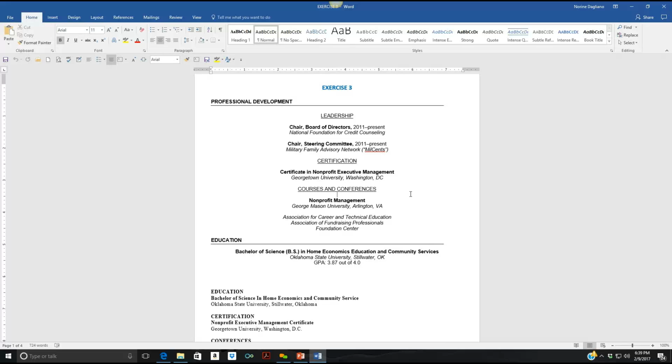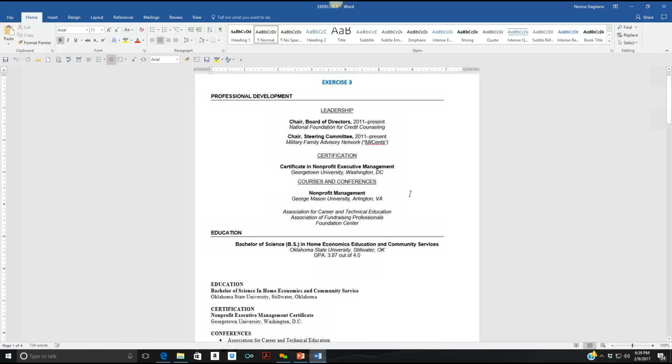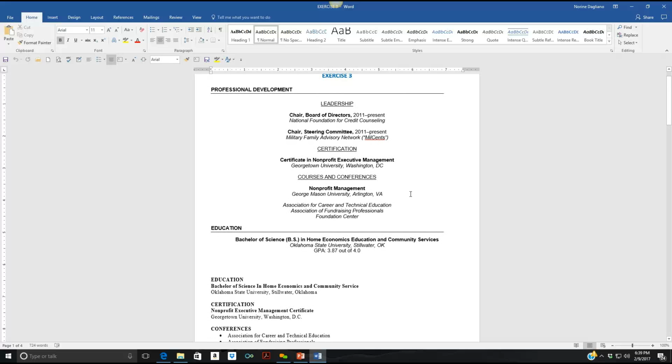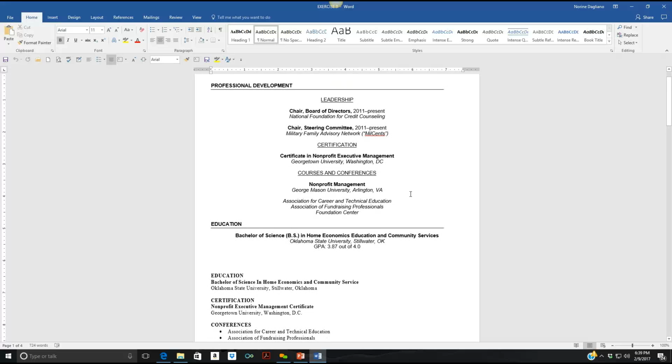In that profile, we build in a lot of errors. And we expect that the writer will take the time to try to figure out, well, what does that mean, instead of just including it because it was in the profile. So this was one of those situations where unless you actually knew what a nonprofit executive management certificate is, this would be a good time to go check it out.